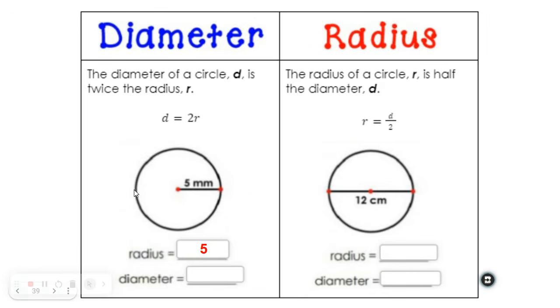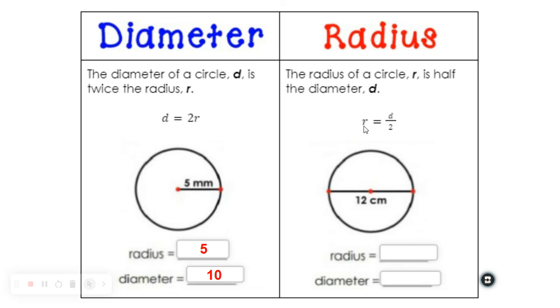So in order to find the full diameter, I'm just going to double this, 5 times 2, and I find that my diameter is 10. Now, on the other side, if I'm given the diameter and I want to find the radius, I can simply divide the diameter by 2, and that would give me the radius.